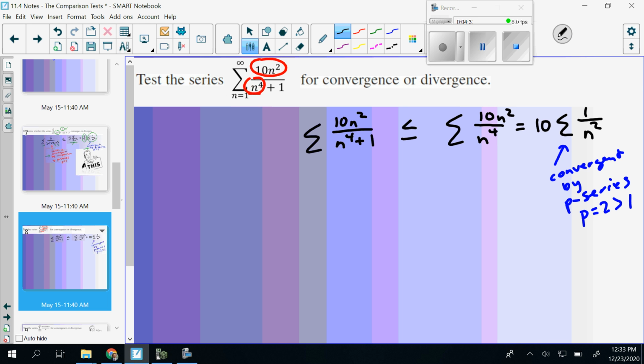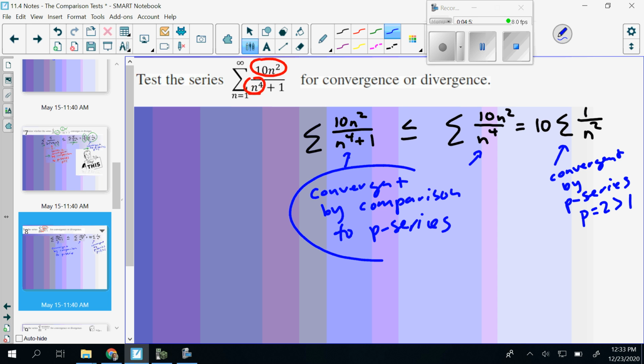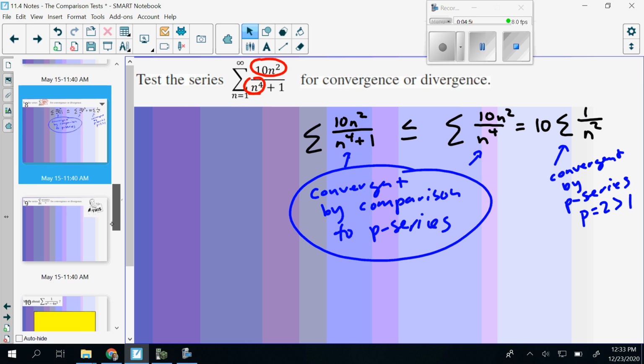So if this one over here converges, then this one has to converge as well. So we would say convergent by comparison to p series. So there's our solution there.